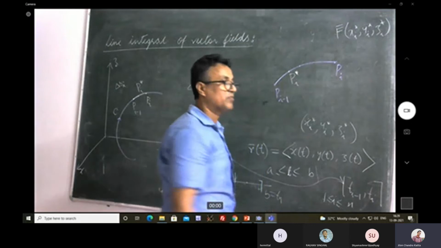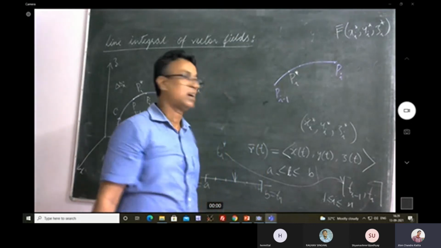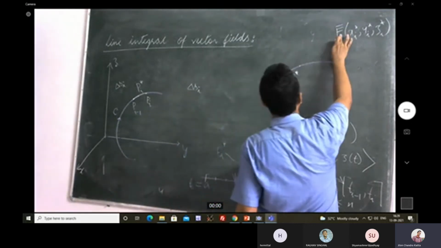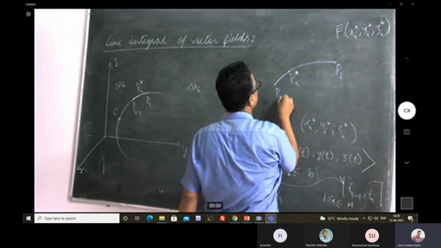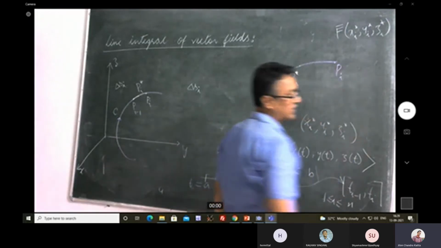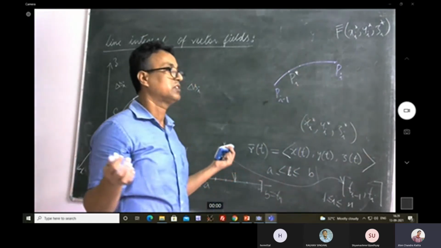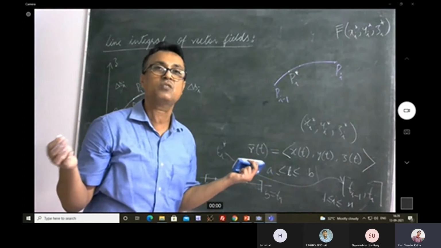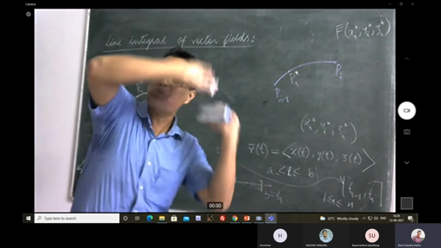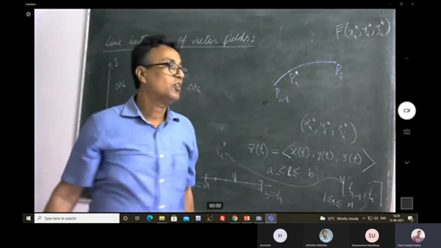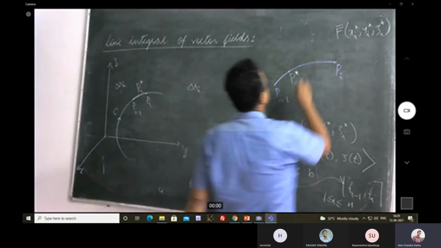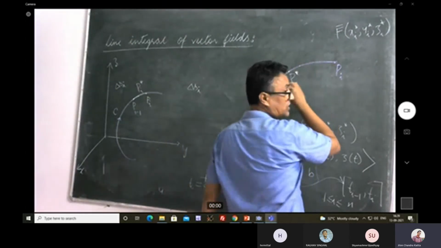Suppose I want to find the work done by this force F in moving an object situated at P(i-1) to P(i).